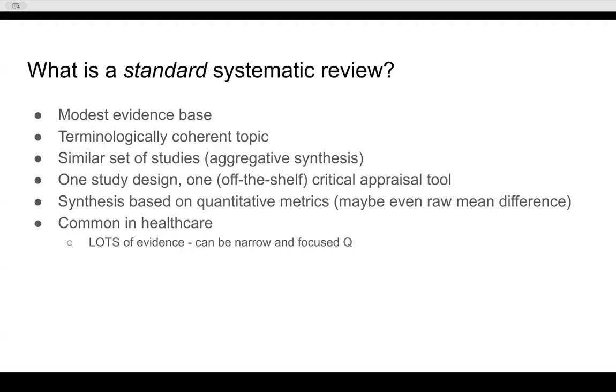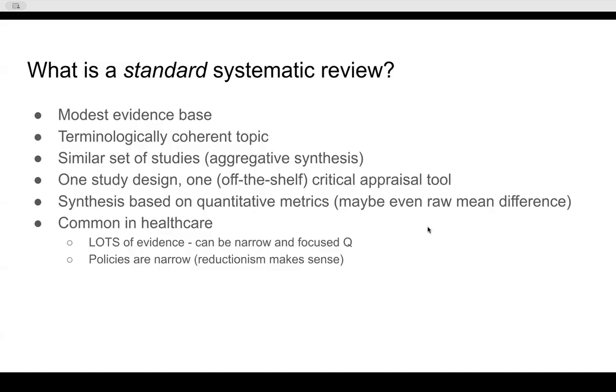That's because in healthcare, they have lots of research evidence. So you can still be very narrow and focused in your question and have a moderate number of studies. Also in healthcare, this is quite a key point. Policies in healthcare are quite narrow.